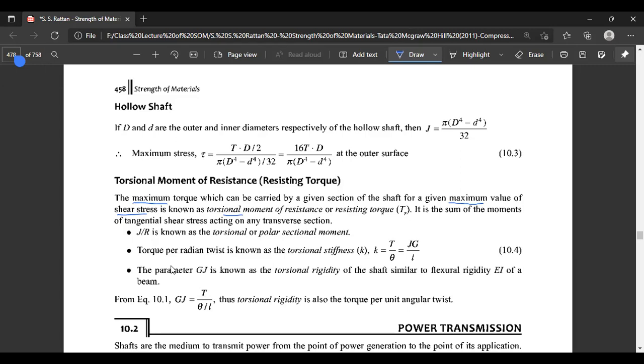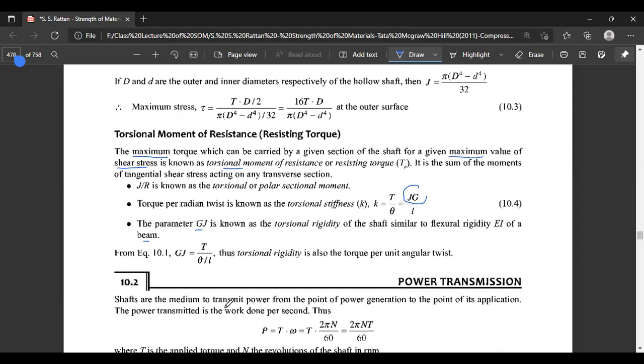From this equation we know G into J is equal to T divided by theta by L. This torsional rigidity is also the torque per unit angular twist, which is another definition of torsional rigidity.